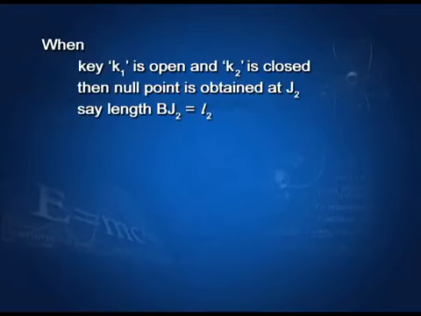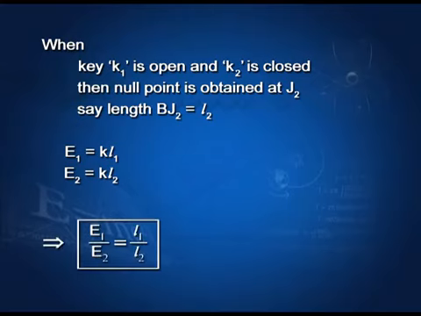When key K1 is open and K2 is closed, the null point is obtained at J2, say length BJ2 equals L2. So, E1 equals KL1 and E2 equals KL2. Therefore, E1 upon E2 equals L1 upon L2.